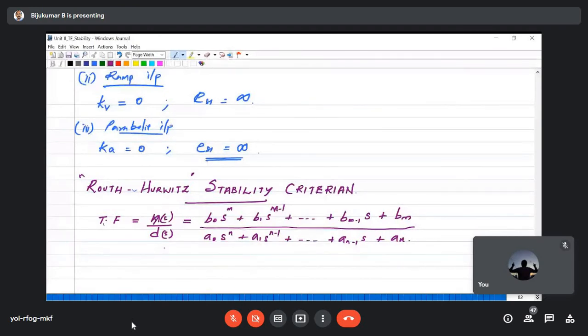So this denominator polynomial D(s) is called the characteristic polynomial, which decides the characteristics of the system.